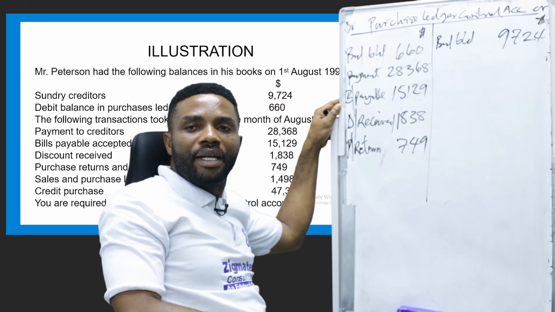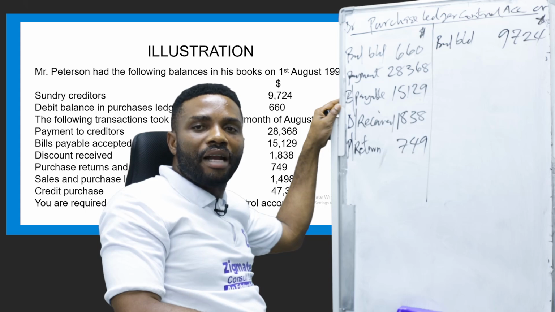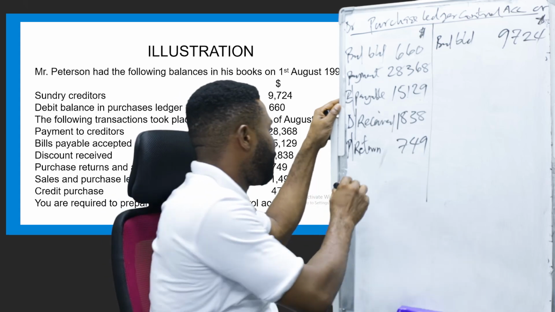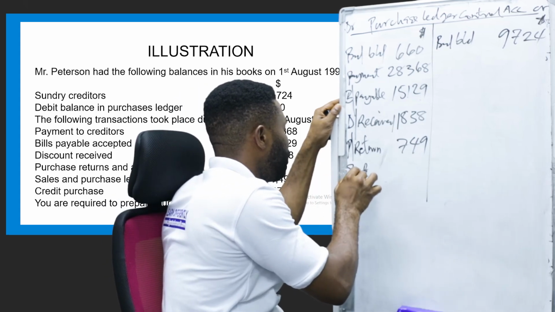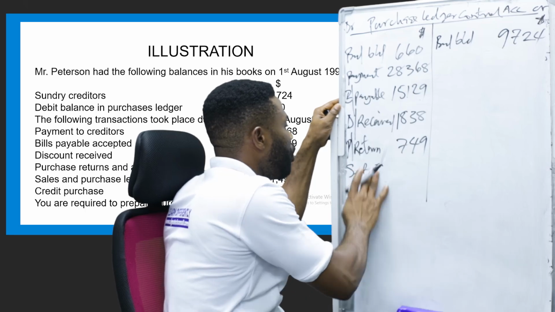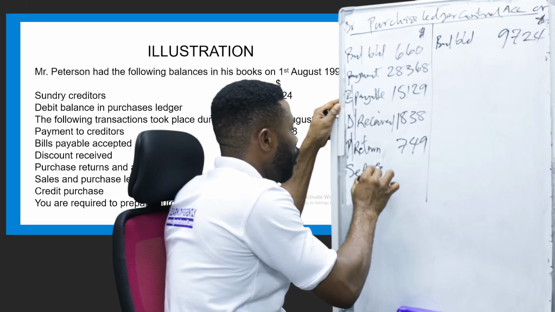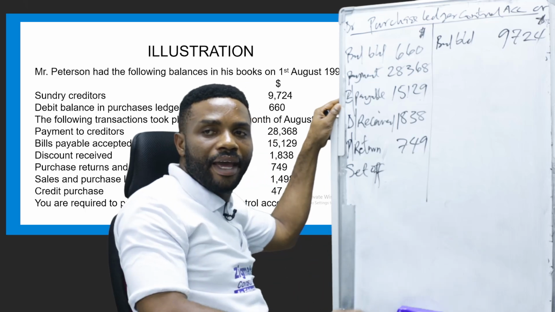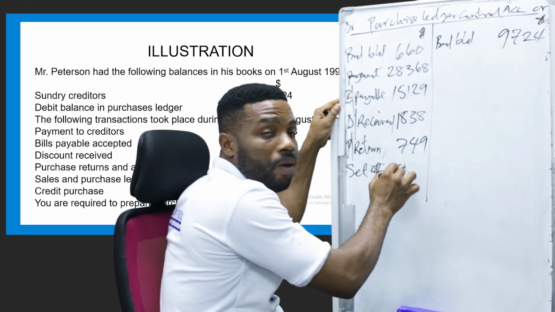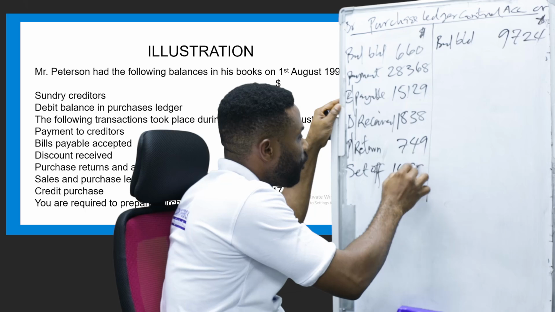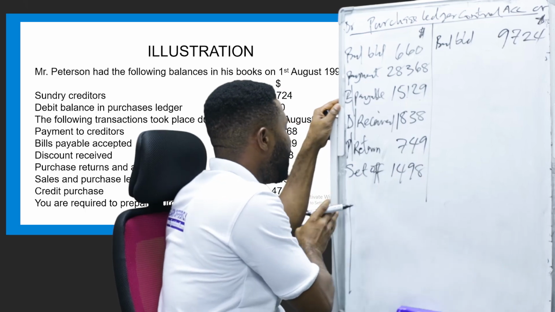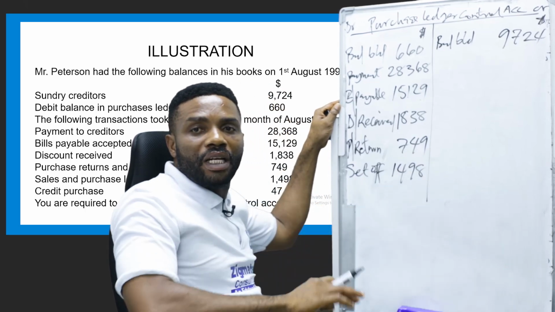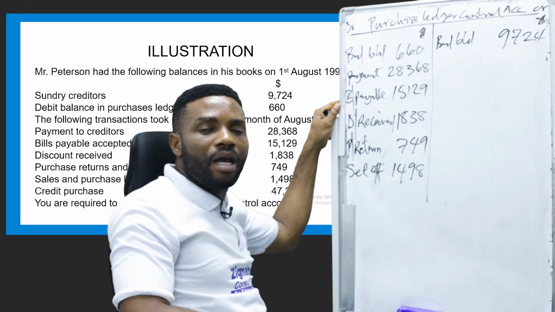Then the next one is sales and purchase ledger transfer. Just write set off, which is contra. Your set off here is 1,498.